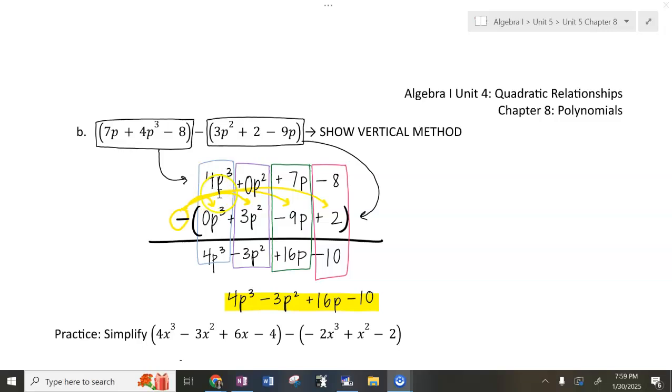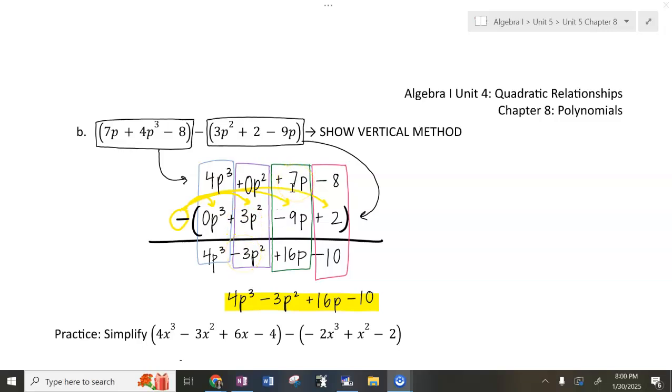So when you're taking 4p cubed minus 0p cubed, that's an easy one, 4p cubed. But then here's where people make mistakes when they're doing their vertical method. So if you're going to do vertical method, you just have to remember that it's all subtracting. You're doing 0p squared minus 3p squared. So 0 minus 3 makes negative 3.